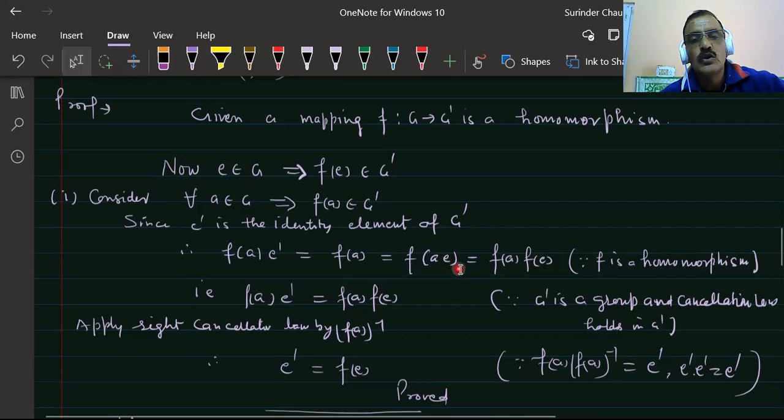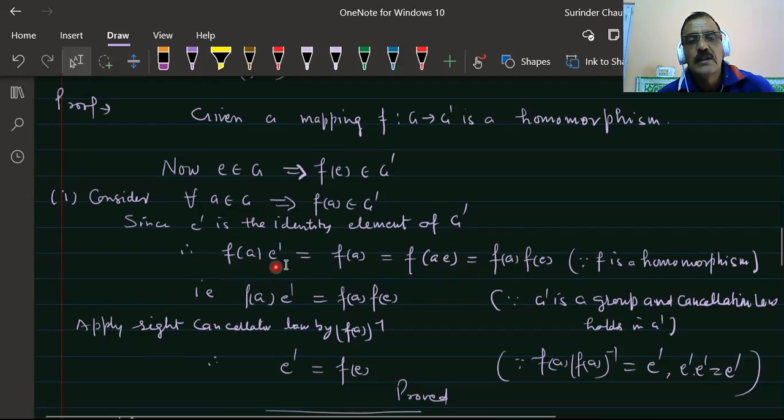Now f of A times E is equal to f of A times f of E, because f is a homomorphism.